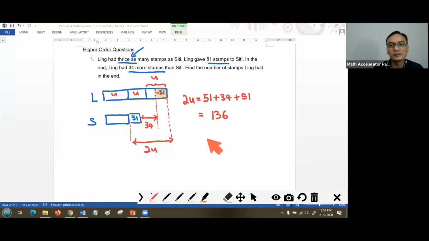So if 2 units is 136, can you let me know what's the value of 1 unit? So we take 136, divide by 2. What do we get? Right, you get 68.